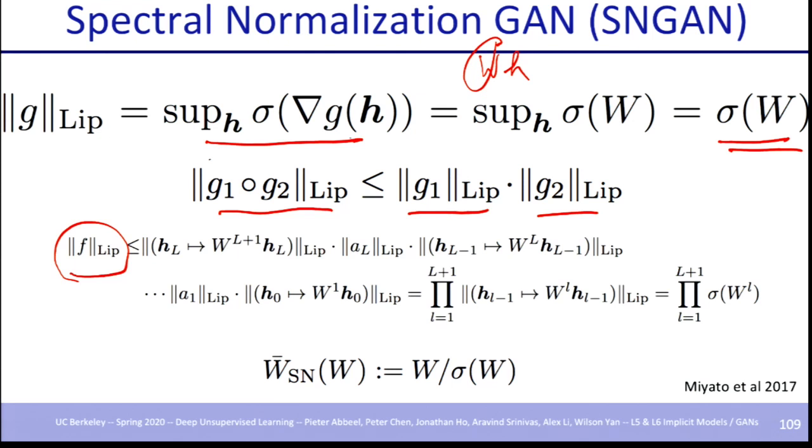So you just upper bound the Lipschitzness of the whole function as the product of the individual layers' Lipschitzness. And every single nonlinearity's Lipschitz constant is just 1 if you use ReLU, because the slope of ReLU is 1. So that way, the Lipschitzness of your entire discriminator ends up becoming the product of the singular values of every single weight matrix in the discriminator.